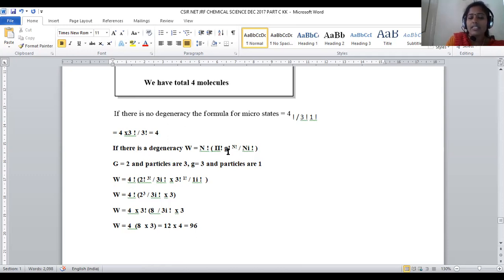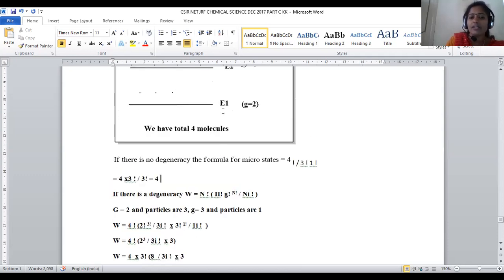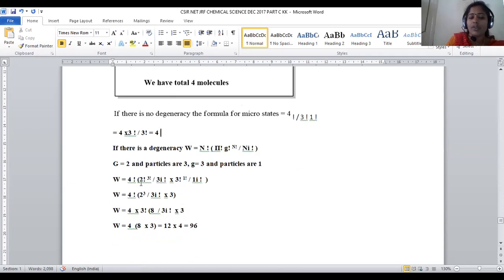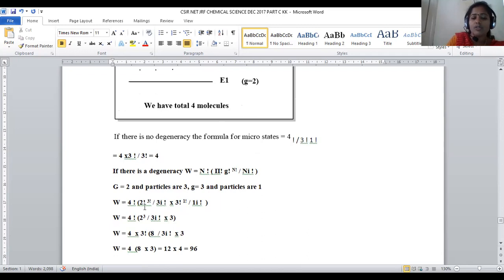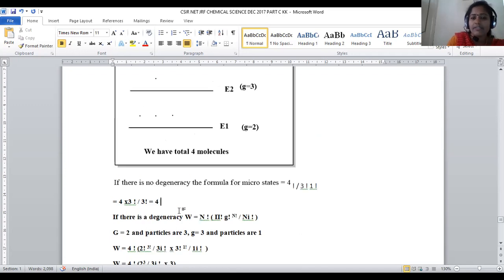And g for the first level is 2, so we take 2 to the power 3 factorial, since in this first energy level there are 3 molecules, divided by 3 factorial, the same n. This is for only one energy level.